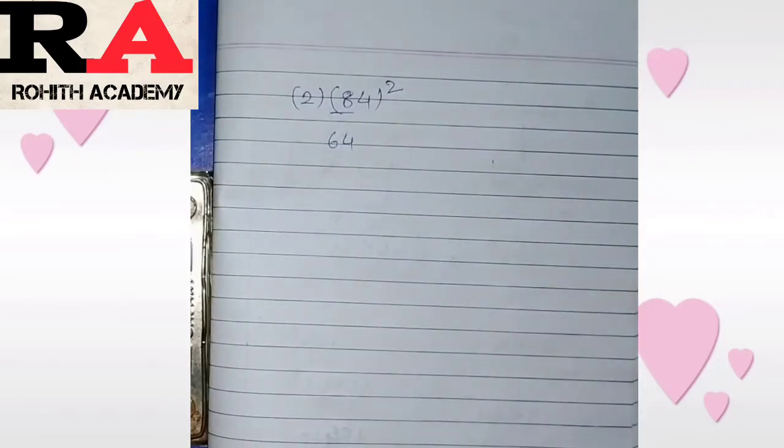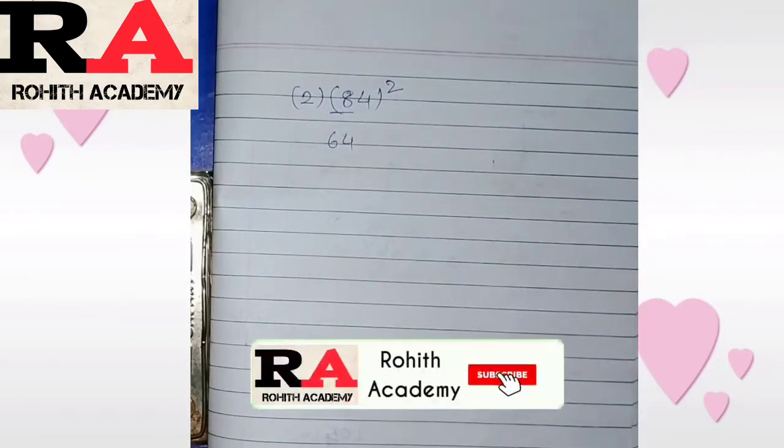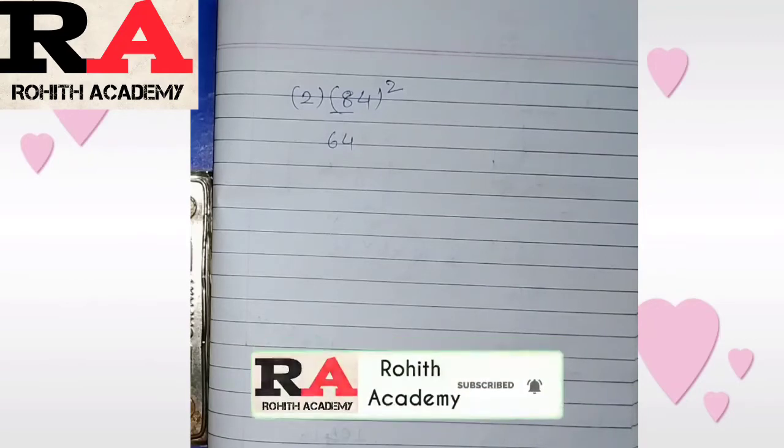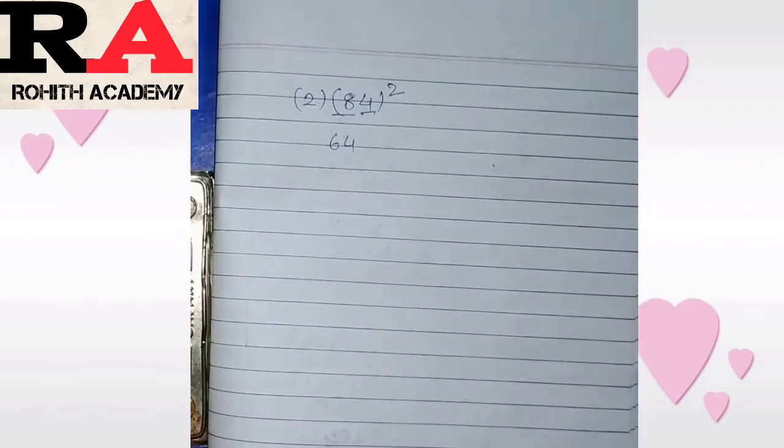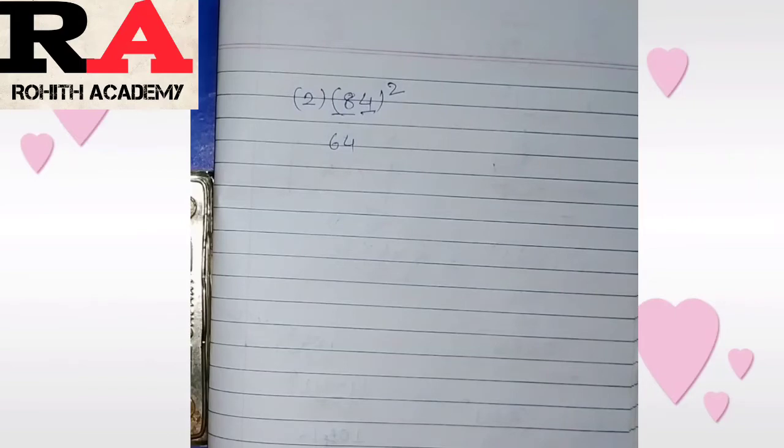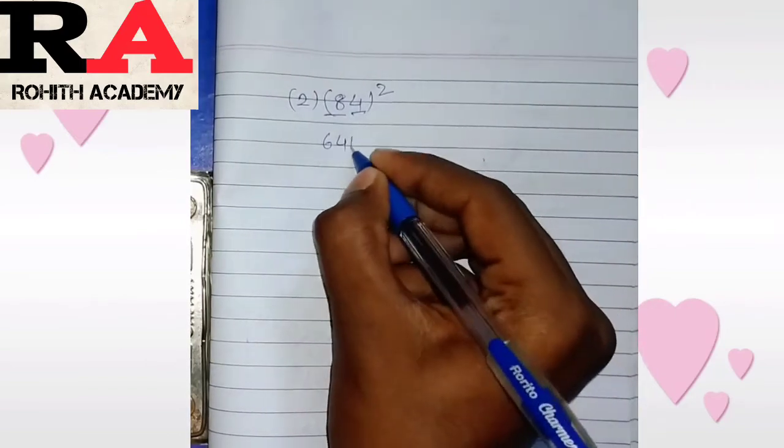Then our second step is to write the square of the second digit. Our second digit is 4. The square of 4 is 16. We write it here, 16.